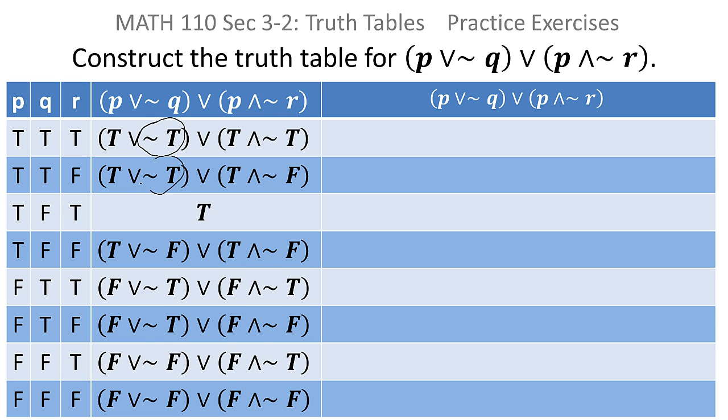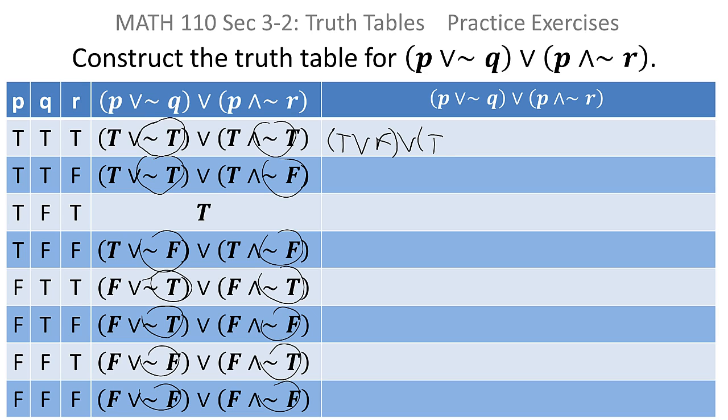So this is more like the way you would have to do it without the technology that I'm using. The first thing I would do is go into every position and replace the negations with their opposites. For example, in this first line, I would have true or false, or true and false.